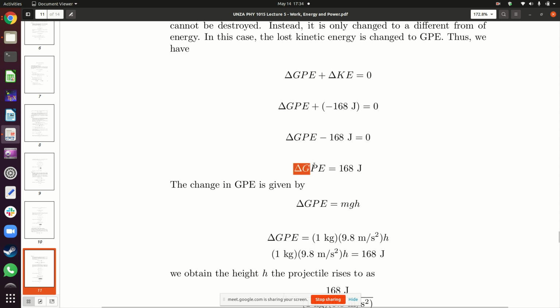At the end of the day, the change in gravitational potential energy is equal to 168 joules.